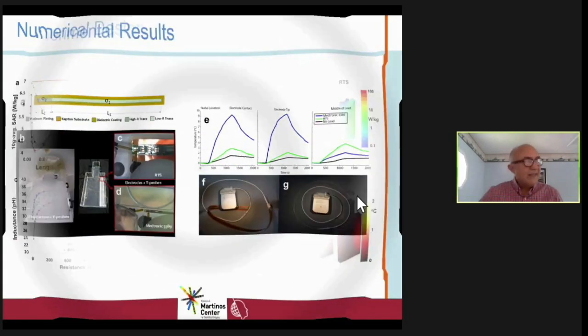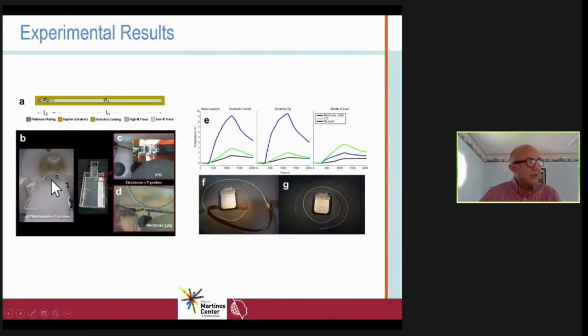So this was tested in an MRI at 3 Tesla, and we saw that the standard 3389 Medtronic implant heated up about 10 degrees, while our implant stayed just about one degree Celsius above baseline.